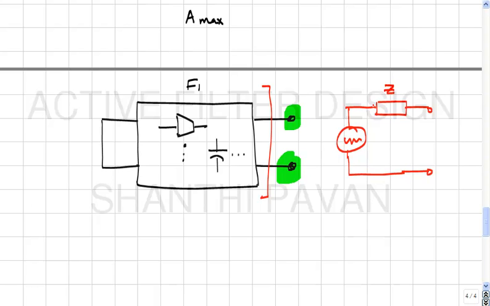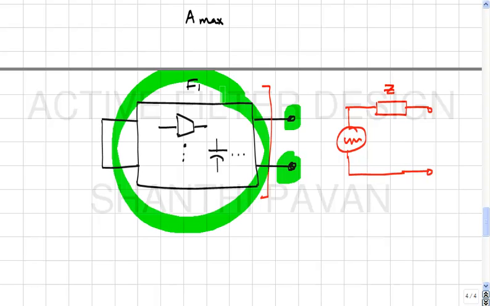For those of you who are not very familiar with noise calculations, an easy way of understanding this is to assume that all these noise sources are not really random sources but some deterministic sources. So if you have a network with a whole bunch of sources inside, if I am only interested in the behavior at a terminal pair, then I can reduce the entire network to either the Thevenin equivalent, which consists of one voltage source and a Thevenin impedance, or to a Norton equivalent, which consists of one current source in shunt with an admittance, right.